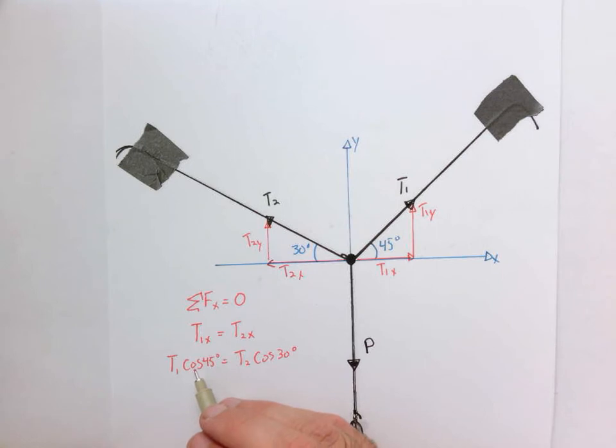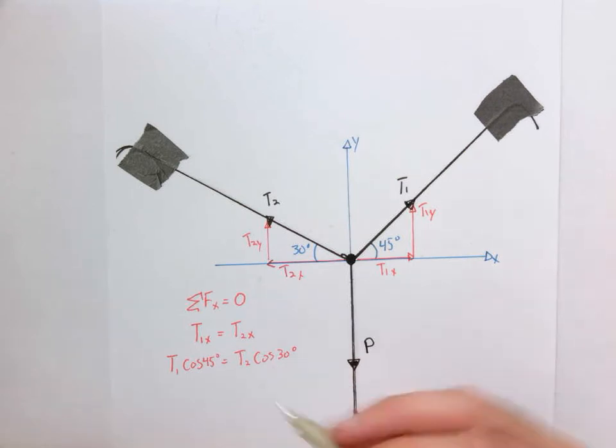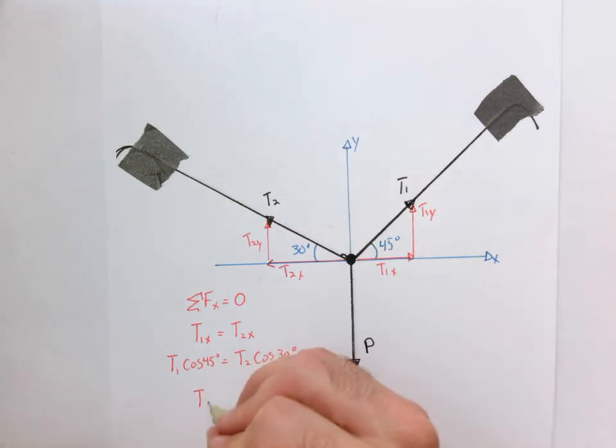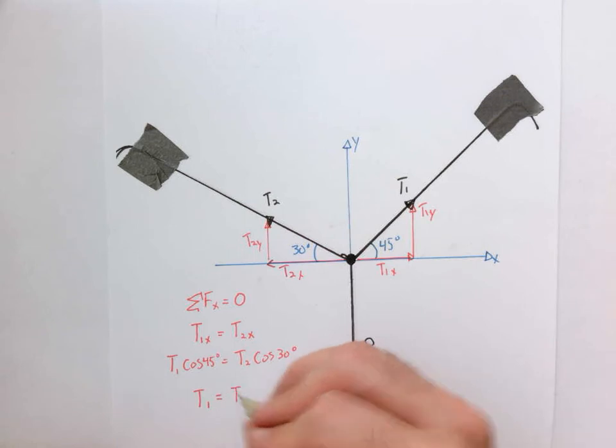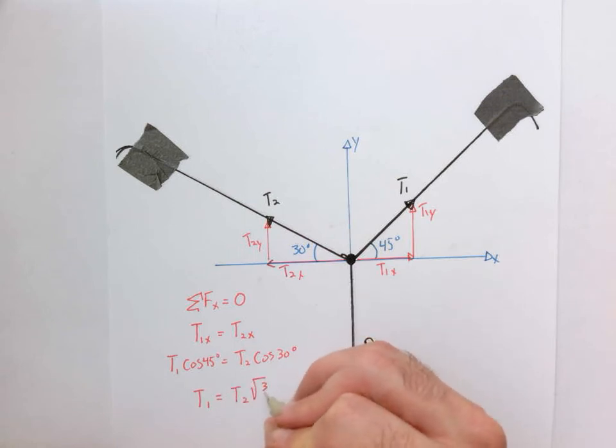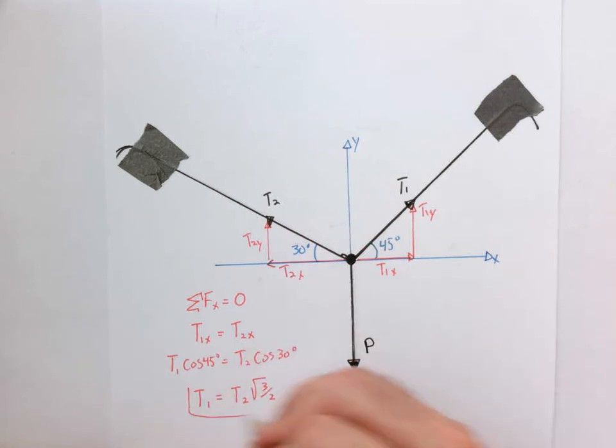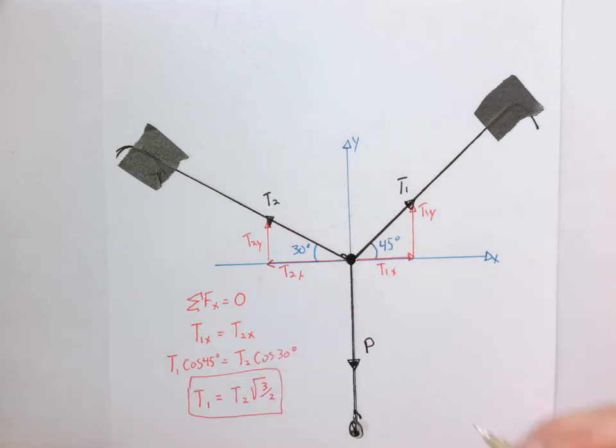So the cosine of 45 degrees is 1 over the square root of 2. Cosine of 30 degrees is square root of 3 over 2. So I combine that together and you can confirm that I got this right. I get that T1 and T2 are related through this expression. So it doesn't tell me what T1 or T2 are, but it tells me how they relate.